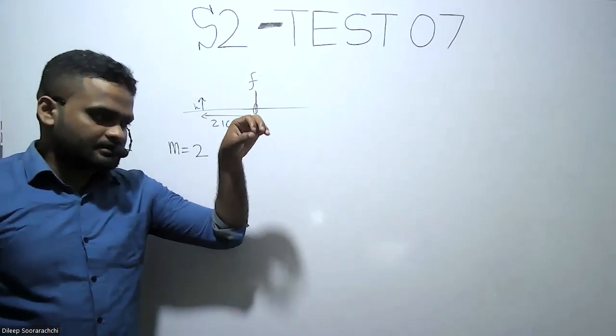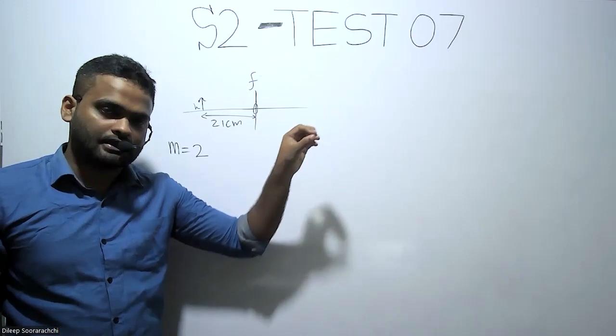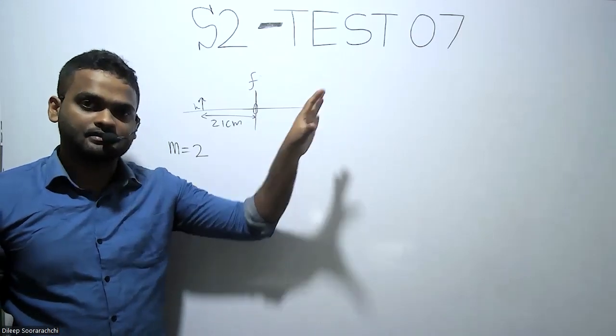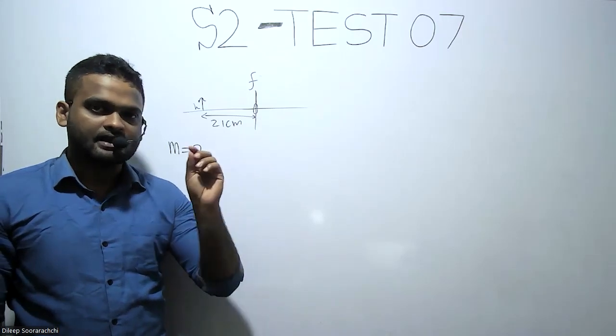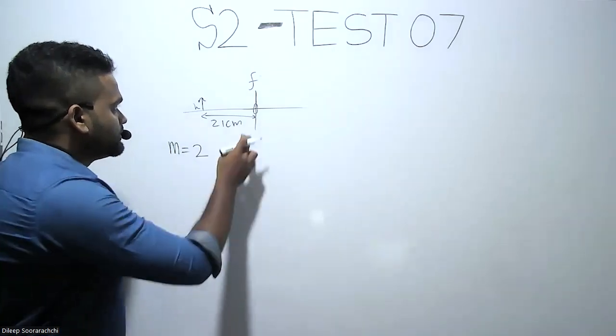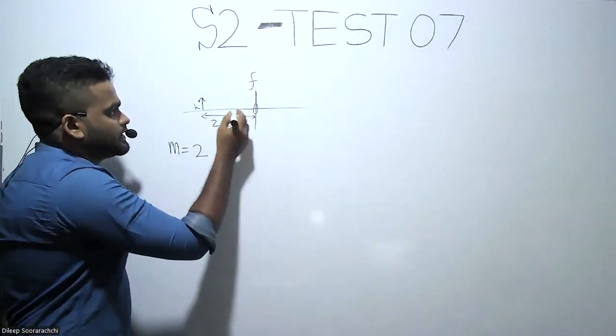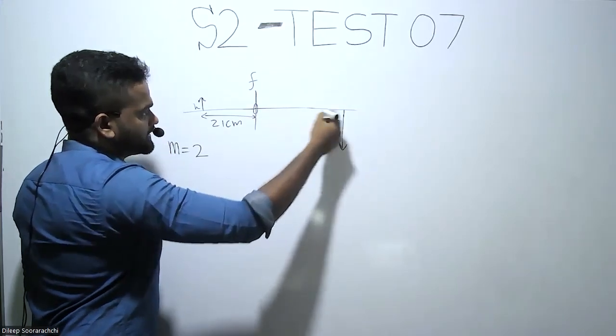So the image is enlarged. Its size has increased compared to the object. In a convex lens, there are 2 ways this can happen. We don't know the focal length. So this is one of the cases.